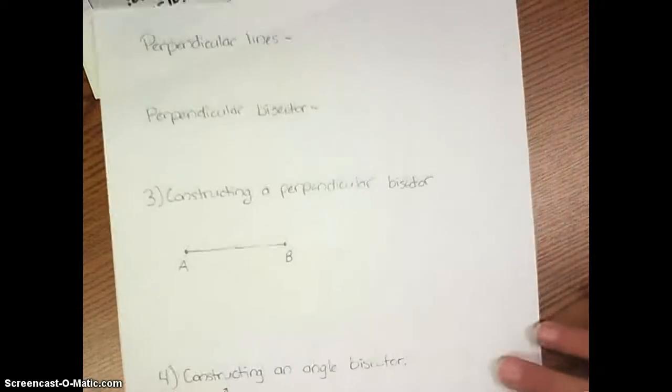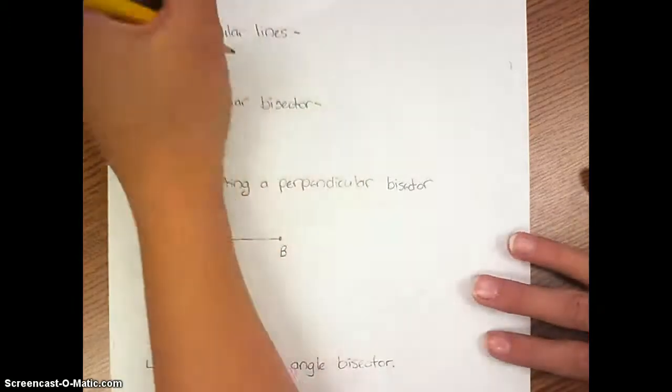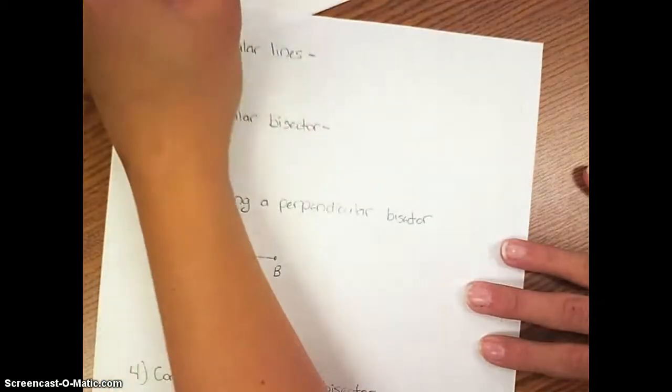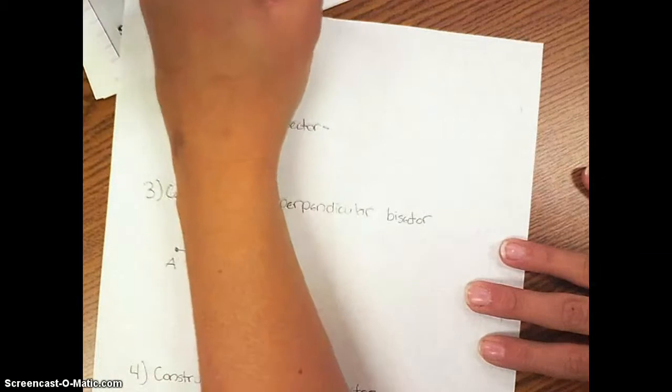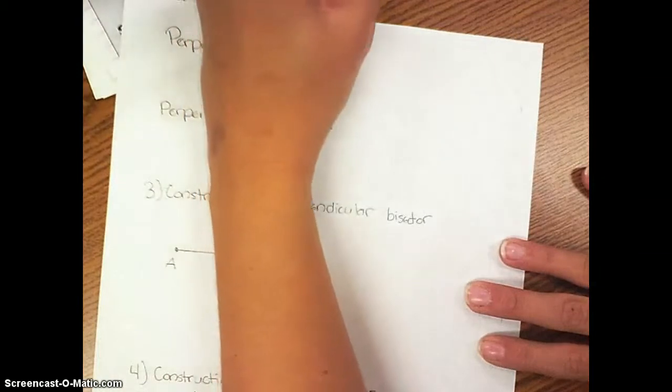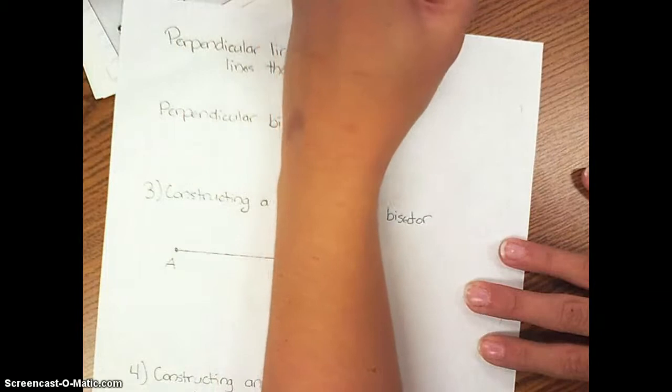Before we look at the next construction, we're going to define a few words here. The first is perpendicular lines. Perpendicular lines are lines that intersect and form a right angle.